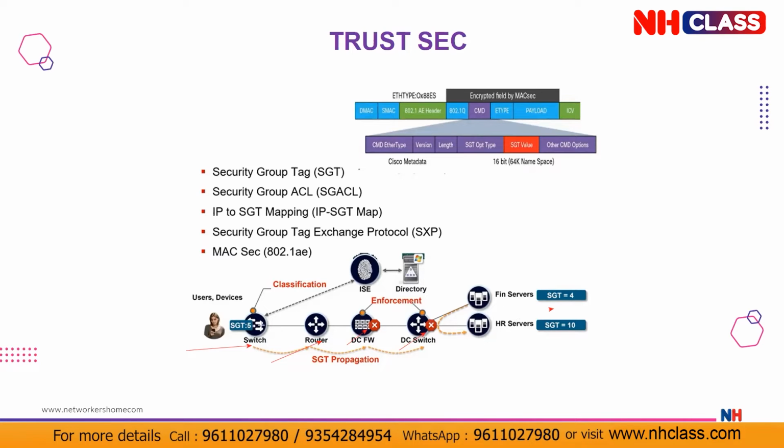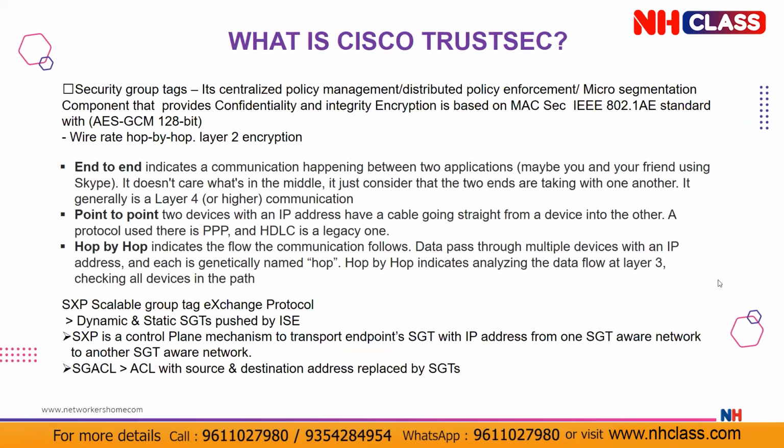This is where hop to hop communication comes into the picture. This user via the switch wants to communicate to the server, and in between we have multiple devices which route your packet based on your IP address. This type of communication is basically called hop-to-hop communication.